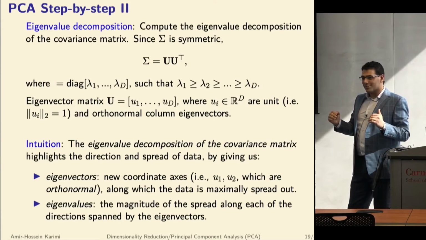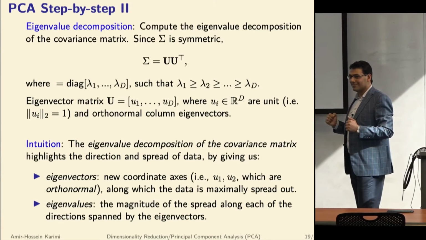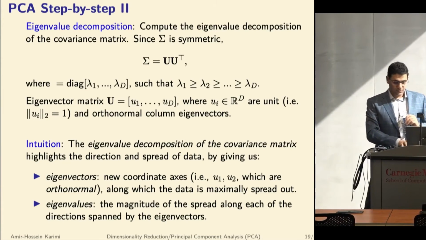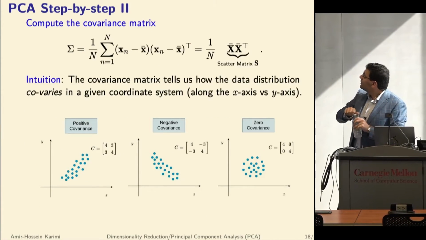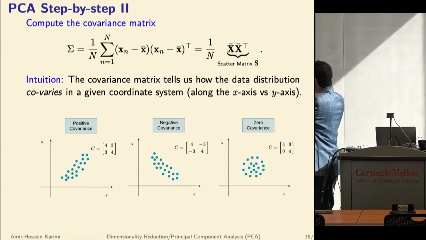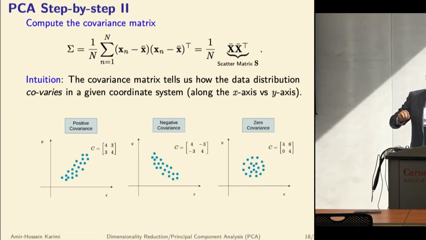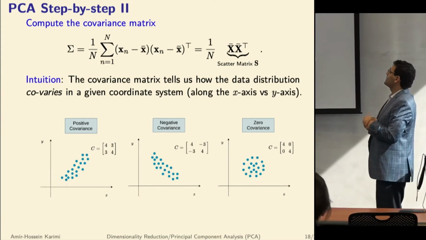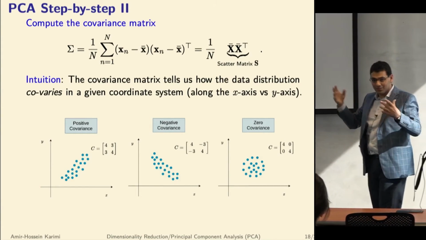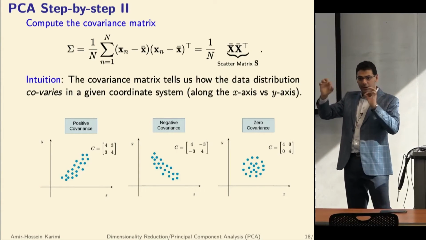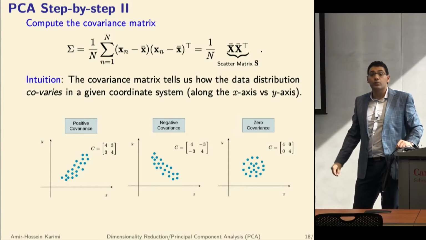I'm going to pause for questions in case there are any here. Yes? There was a term on the previous slide, scatter matrix. Right, so a scatter matrix is represented as the mean subtracted x times x transpose, and it corresponds to how pairs of data points are related to one another.